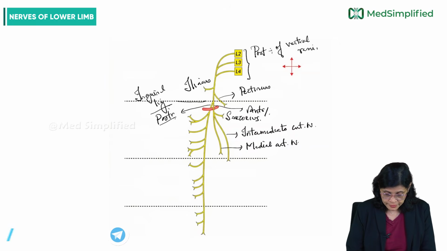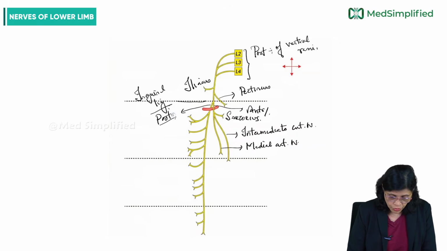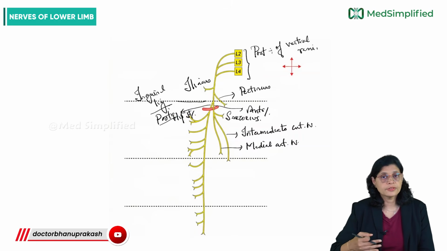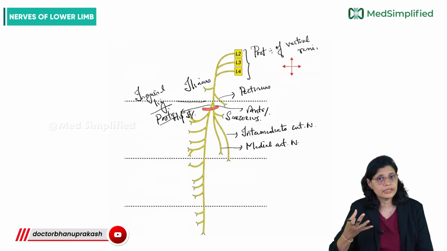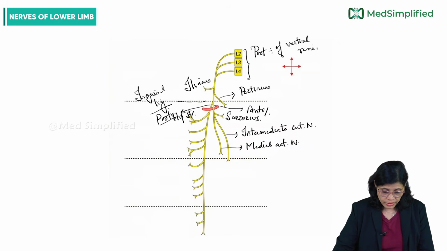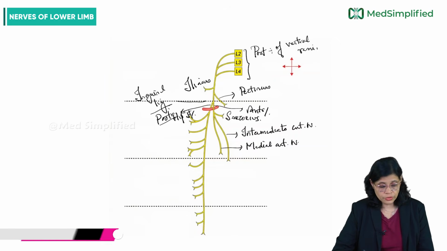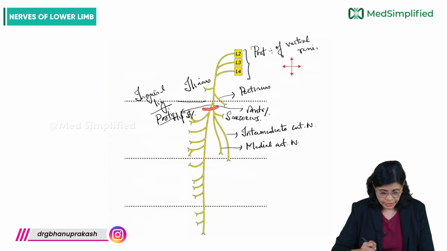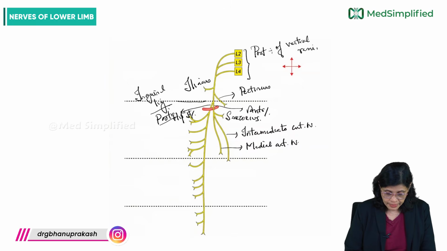So the posterior division gives a twig to the hip joint. So usually any nerve will have cutaneous branches, muscular branches, articular branches, and vascular branches. So here the articular branch is to the hip joint. And it will supply all the extensor muscles here.